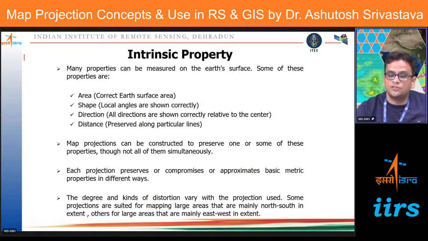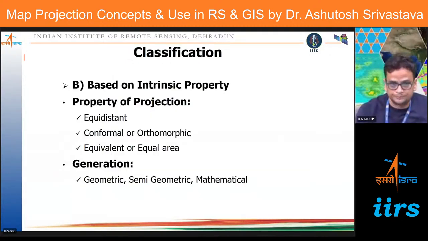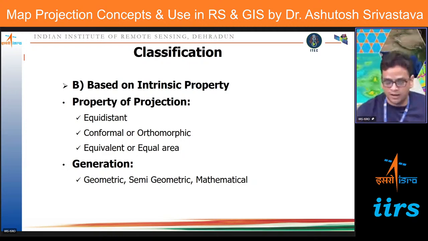Some projections are suited for mapping large areas that are mainly north-south in extent, and others for large areas mainly east-west in extent. Based on the intrinsic property, we divide them into equidistant, conformal, and equal area, and by generation into geometric, semi-geometric, and mathematical. So we can classify them into different categories.